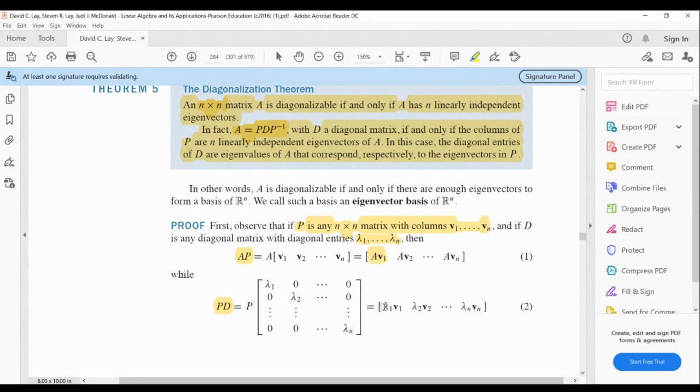A V1 would have to equal lambda 1 V1. What can you tell me about lambda 1, that scalar? What must lambda 1 be? So A times some vector V1 equals some scalar lambda 1 times vector V1. What would the scalar lambda 1 have to be for that to be true?